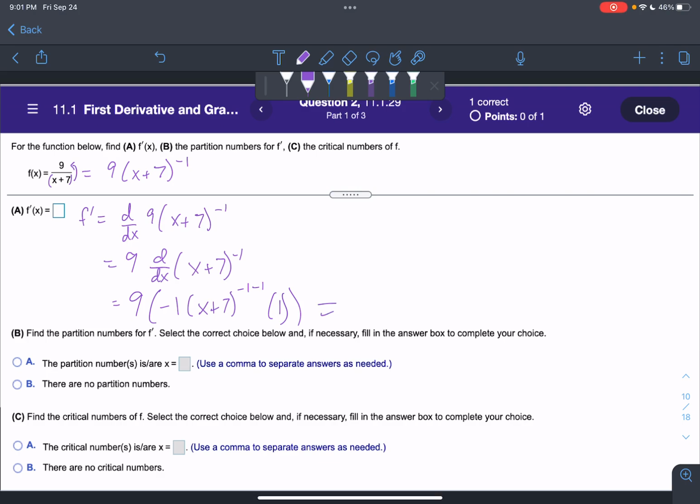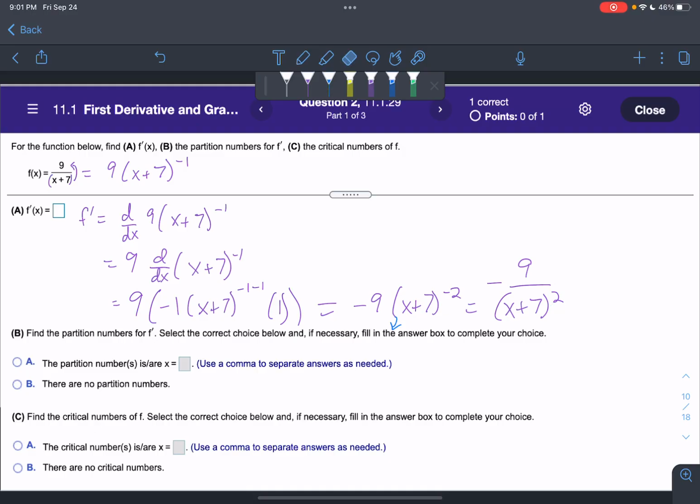So I get negative 9 times x plus 7 to the minus 2 power, which we can also write this way, and you'll see why in a second. So I'm going to bring this quantity back down and then make the power positive.